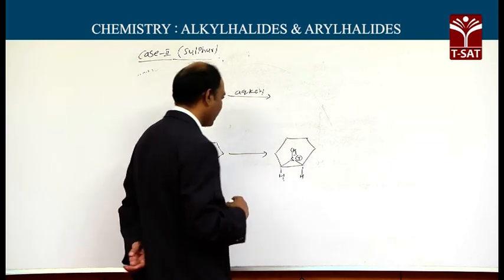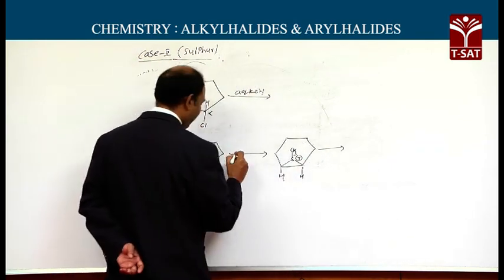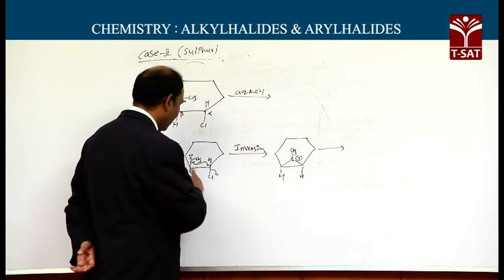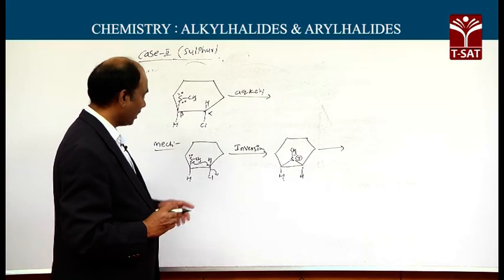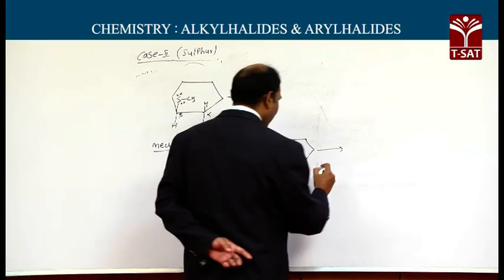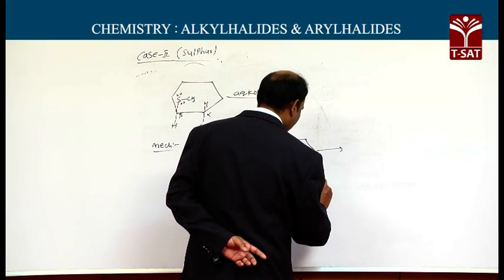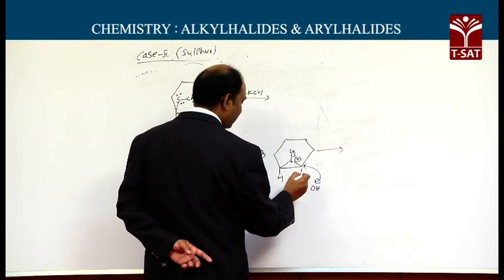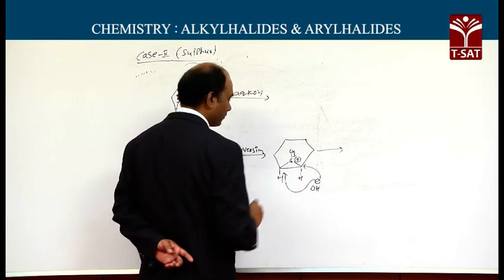After the formation of the cyclic three-membered ring, first of all in this one inversion is taking place. Here Cl and SCH3 are both present in opposite directions, that is, we need anti positions. After this, next is attack of OH minus. This OH minus may attack here, or this OH minus may attack here.